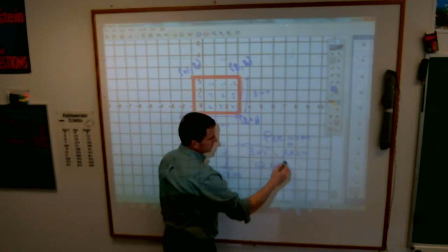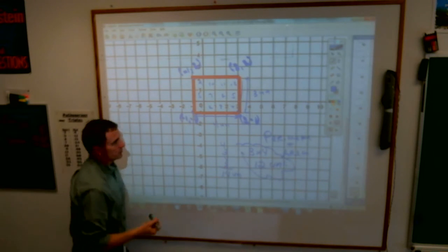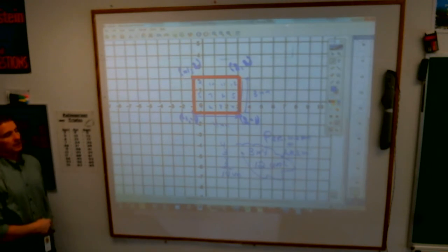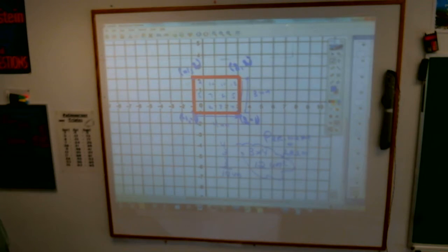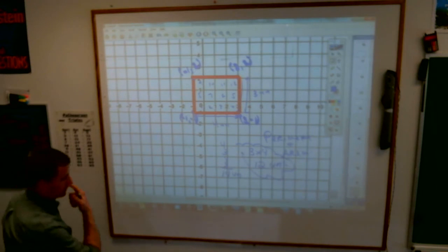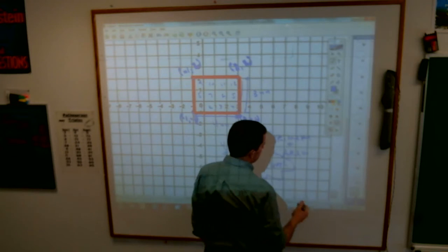So please make sure when you draw those, you're counting the spaces, not the lines, because the lines will mess you up in a very large and exciting way. Questions on that?